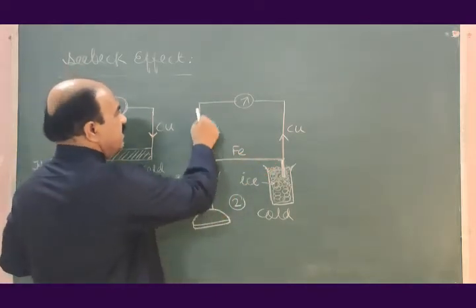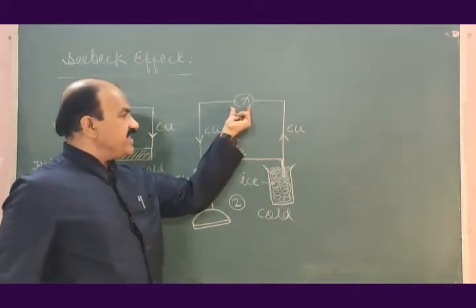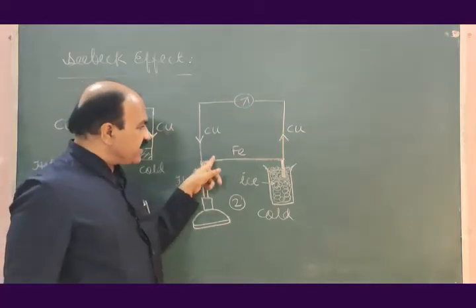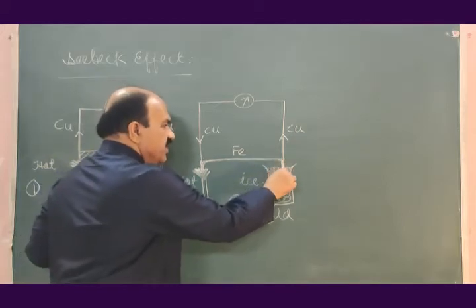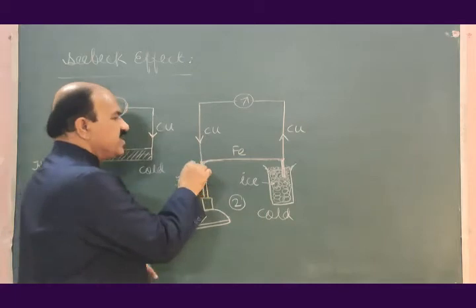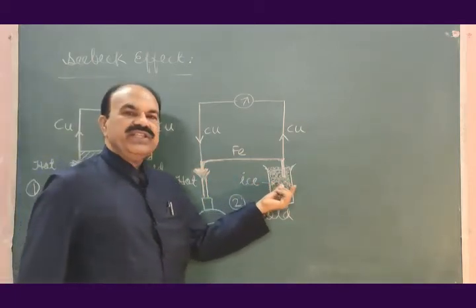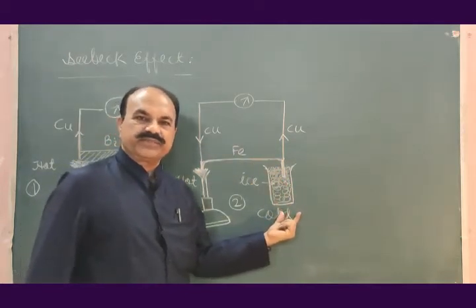He considered a copper wire here. In this copper wire, he inserted a galvanometer. This copper wire is connected with an iron wire. This is one junction of copper and iron. This is the other junction of copper and iron. This junction is immersed in ice in a beaker.